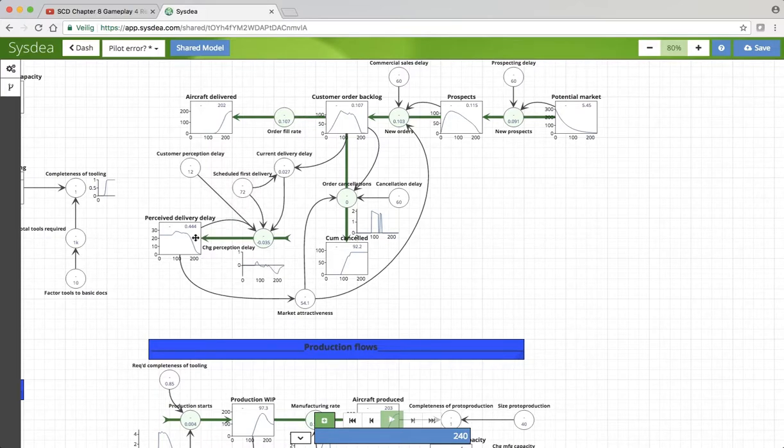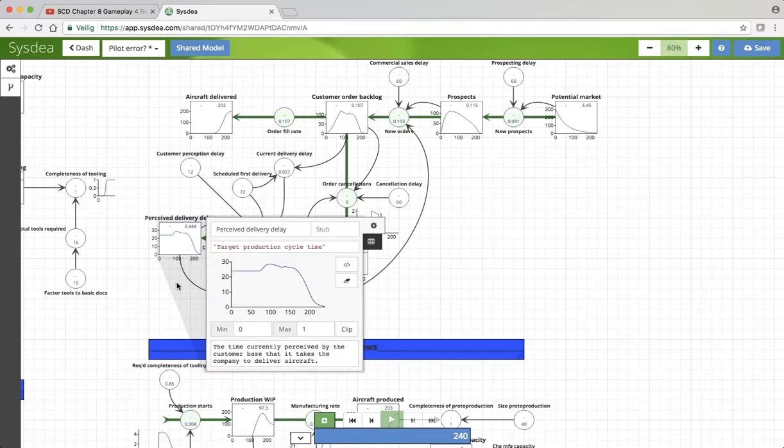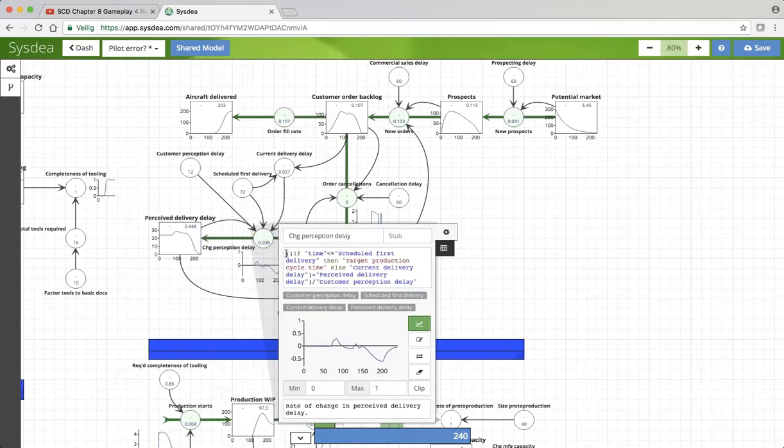And that's also clear in the formula here. The initial value for the perceived delivery delay is what the company says that the delivery delay should be, the target production cycle time. But up here you see that if time is shorter than the scheduled first delivery delay, then that's also what we put in.